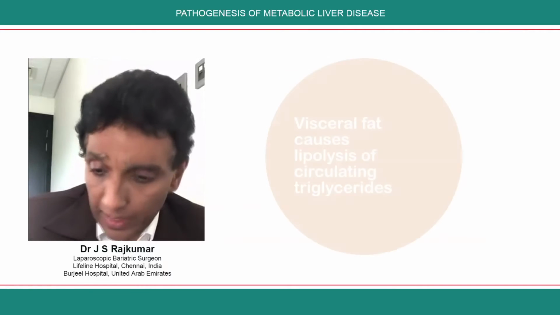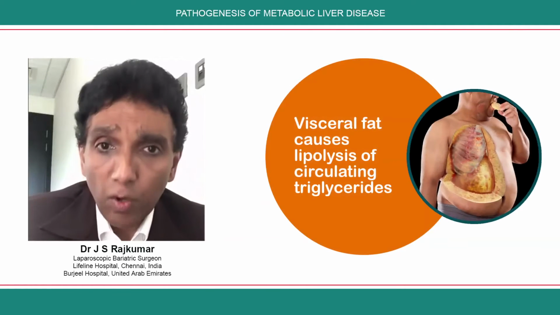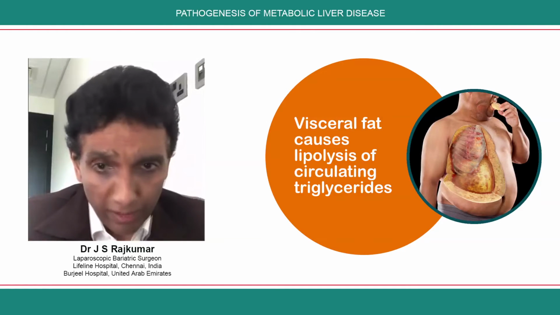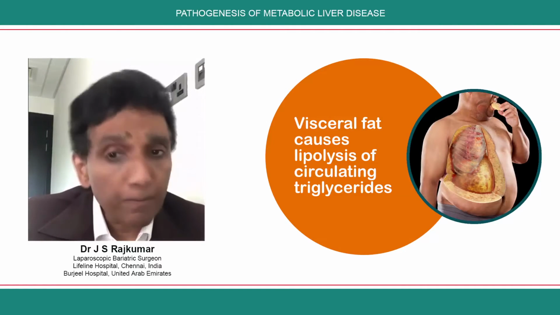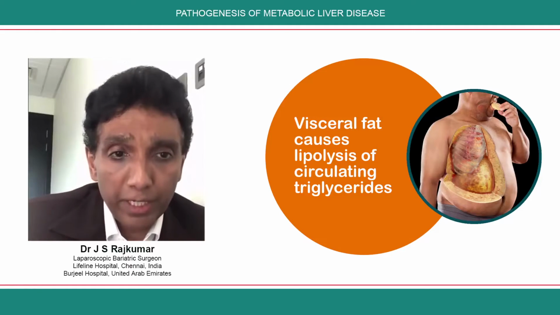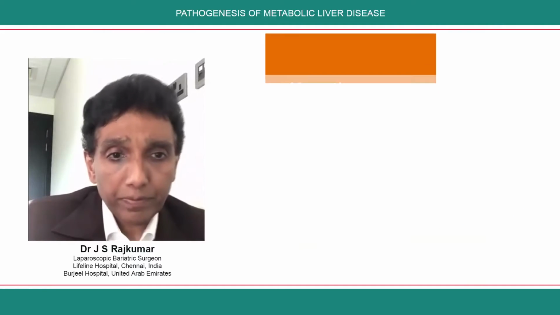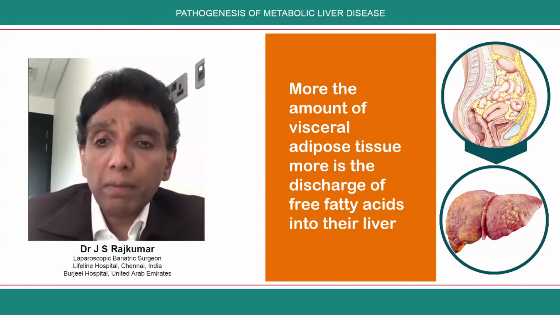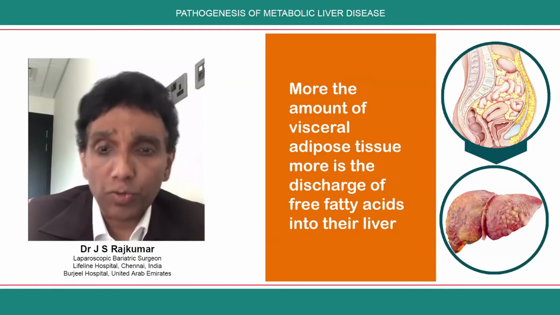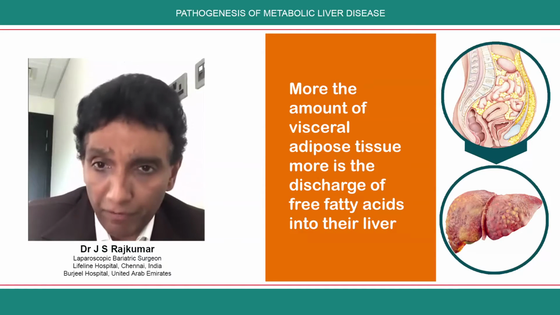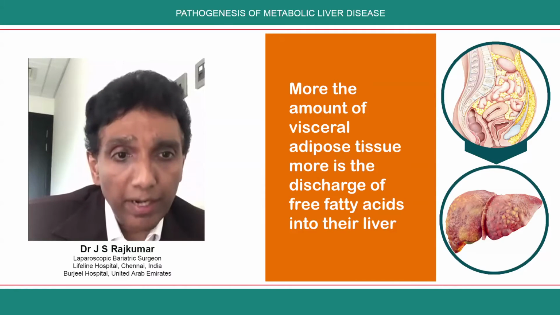We know that this visceral fat will cause lipolysis of circulating triglycerides and increase the fatty acid inflow into the portal vein and into the superior mesenteric vein. Therefore, patients who have a higher amount of visceral adipose tissue will be discharging larger amounts of free fatty acids into their liver.